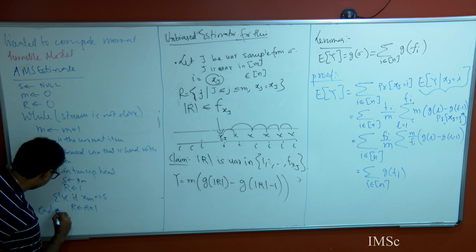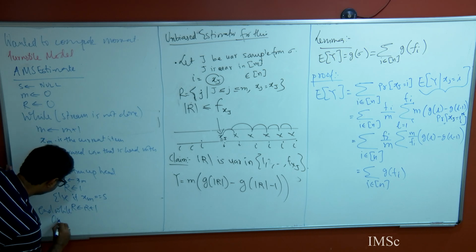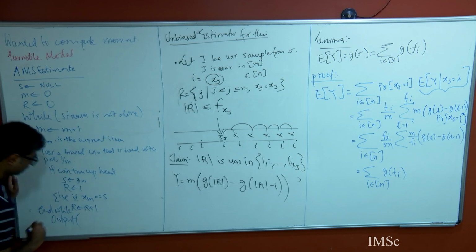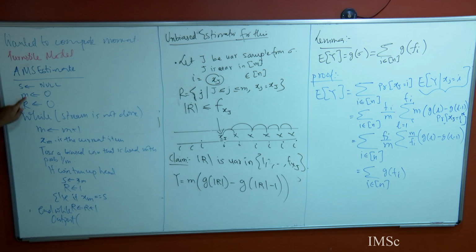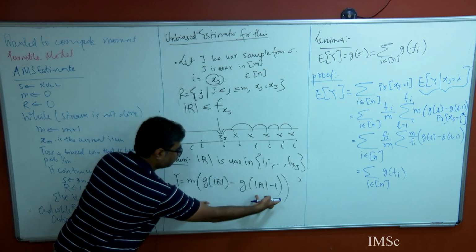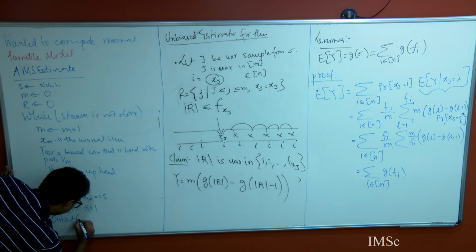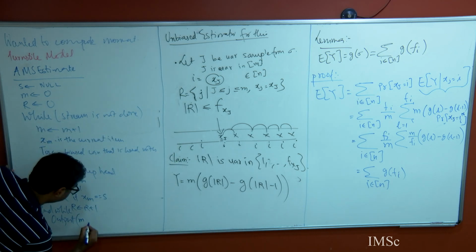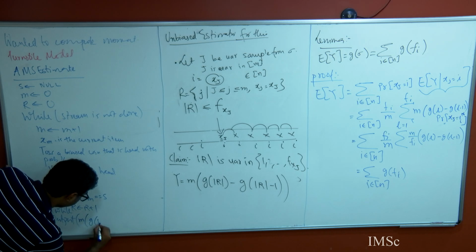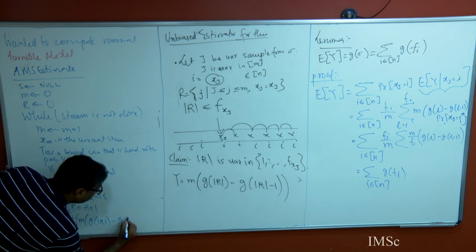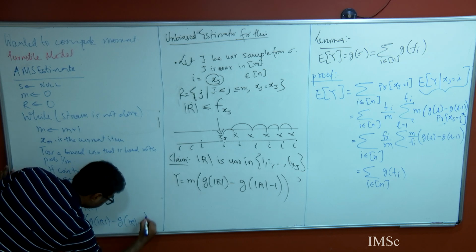And what should I output now? I have m, suppose I have g, so I should just output this object: m times g of r minus 1.